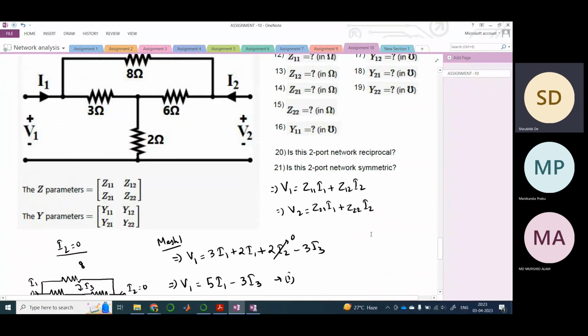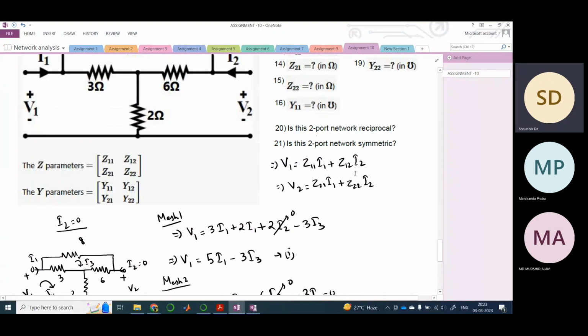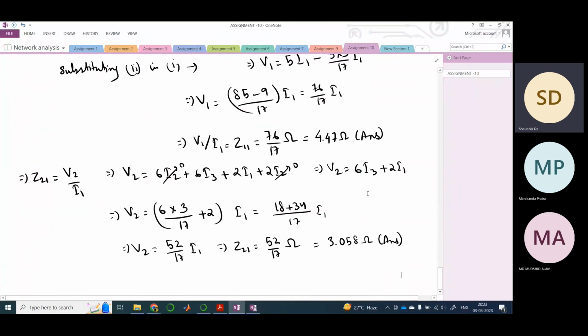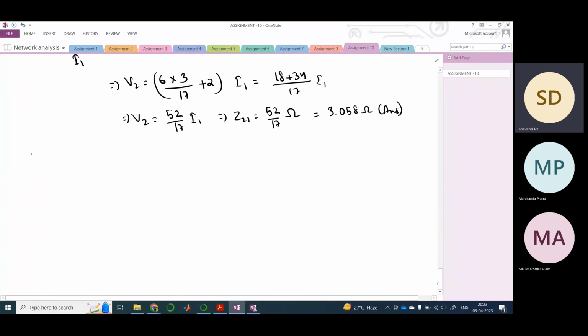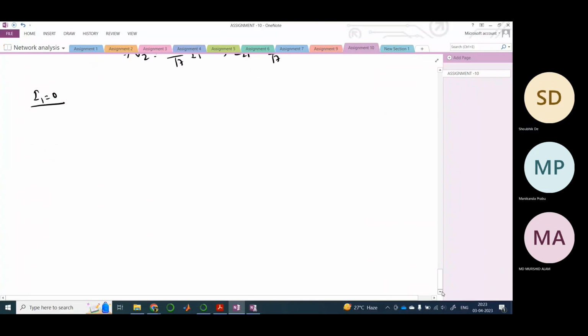If this is so, then now we need to make I1 0. So now your I1 is 0, and now let us draw the circuit again. This is lengthy, I agree, but this is very simple.